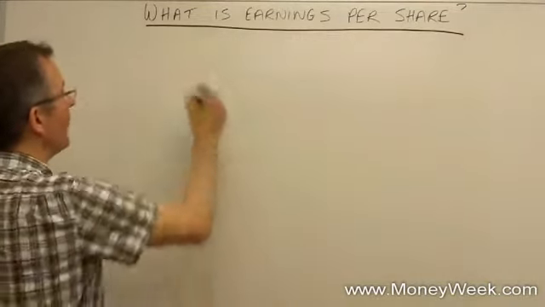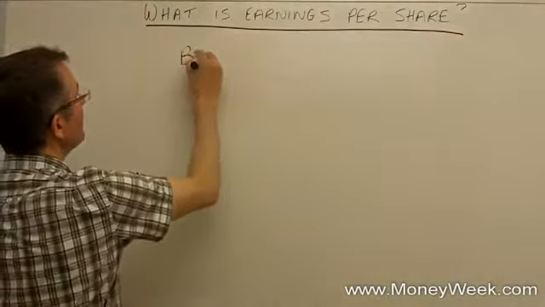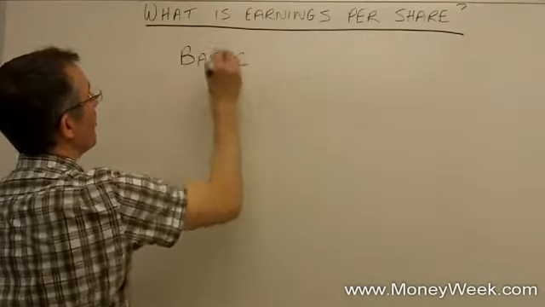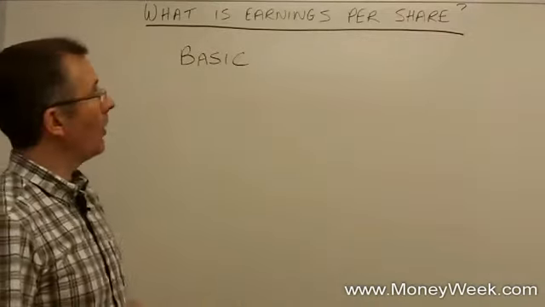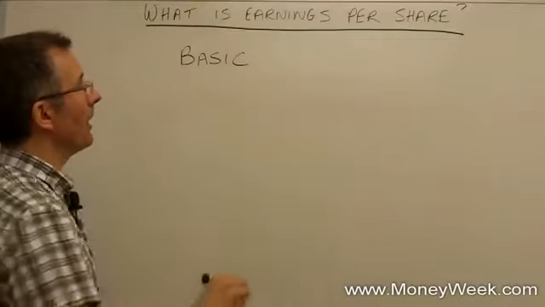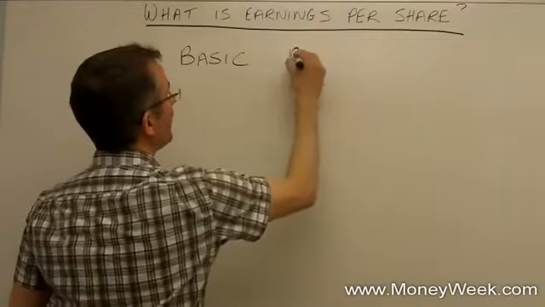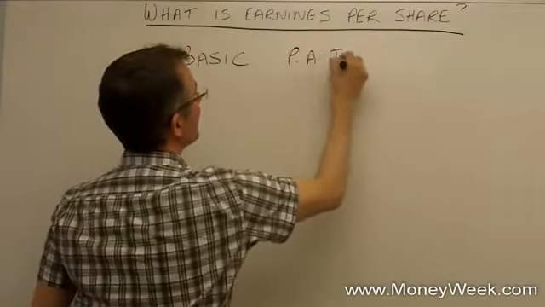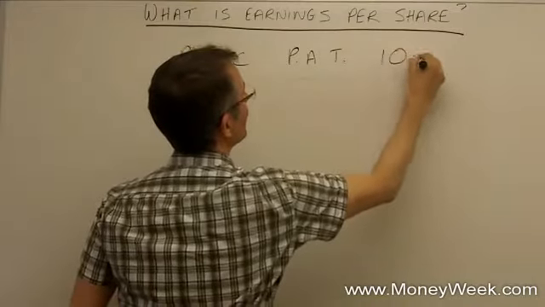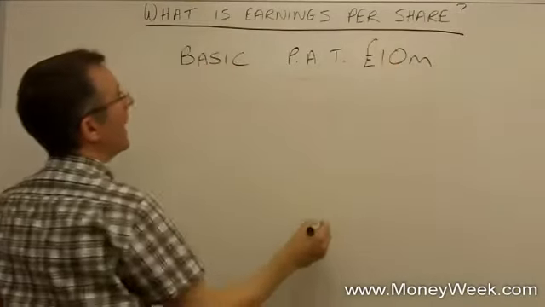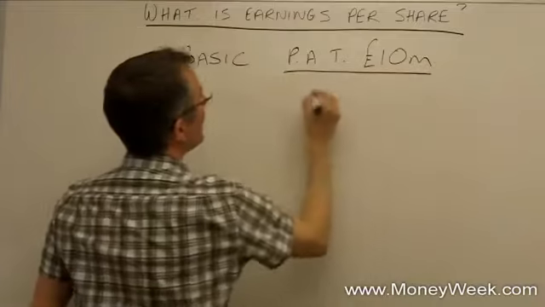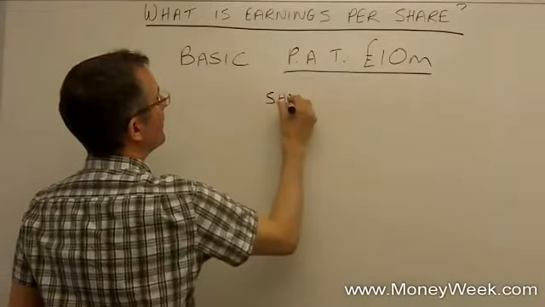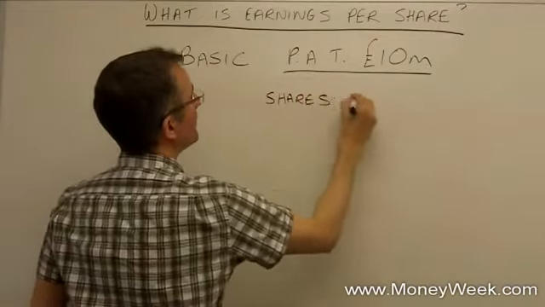Okay, so the basic calculation is, on the face of it, straightforward. What you would do, as an introduction, is simply take the profit after tax figure, let's call that 10 million, and divide it by the number of shares currently in issue.